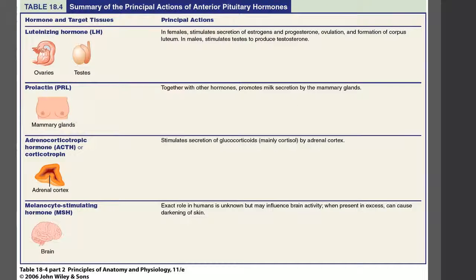And again, we have luteinizing hormone. Yes, as you can probably tell from prolactin, this came from a human book, but it's a really good summary, so just pretend that's the mammary glands of a cat. ACTH, MSH.